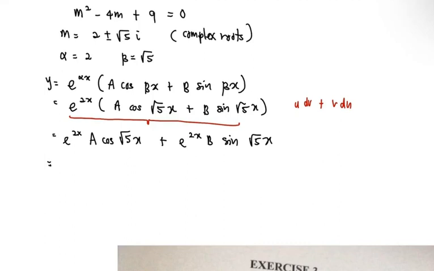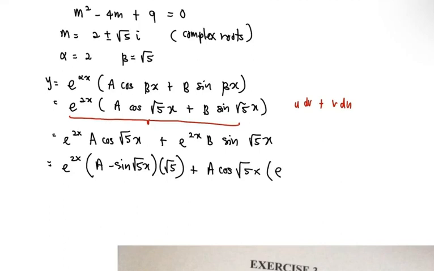Okay, so first u is e to the power 2x, dv: we differentiate a cos, you get minus sin. So minus sin root 5x, multiply root 5, plus a cos root 5x multiply e to the power 2x times 2. Differentiate e to the power 2x, so you get e to the power 2x times 2. So that finishes the first part.